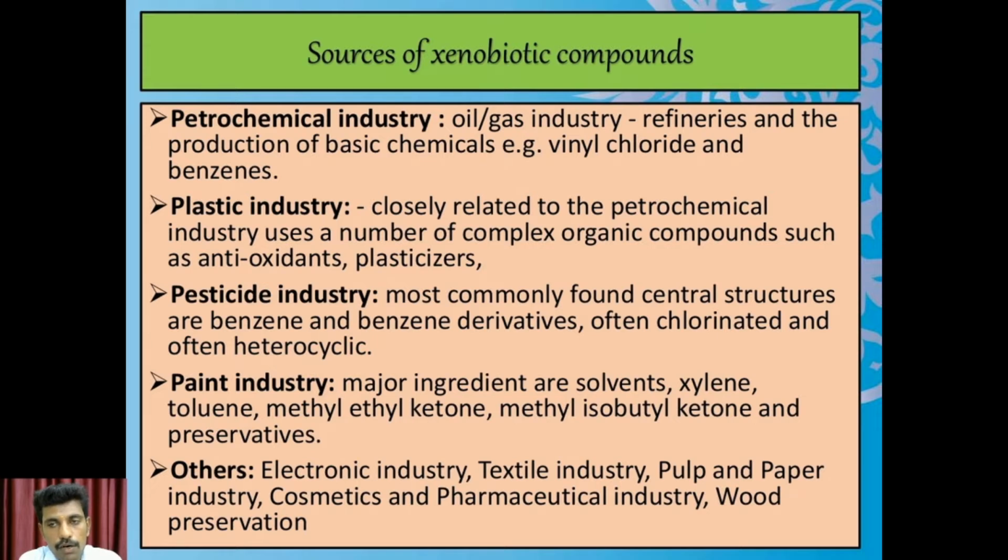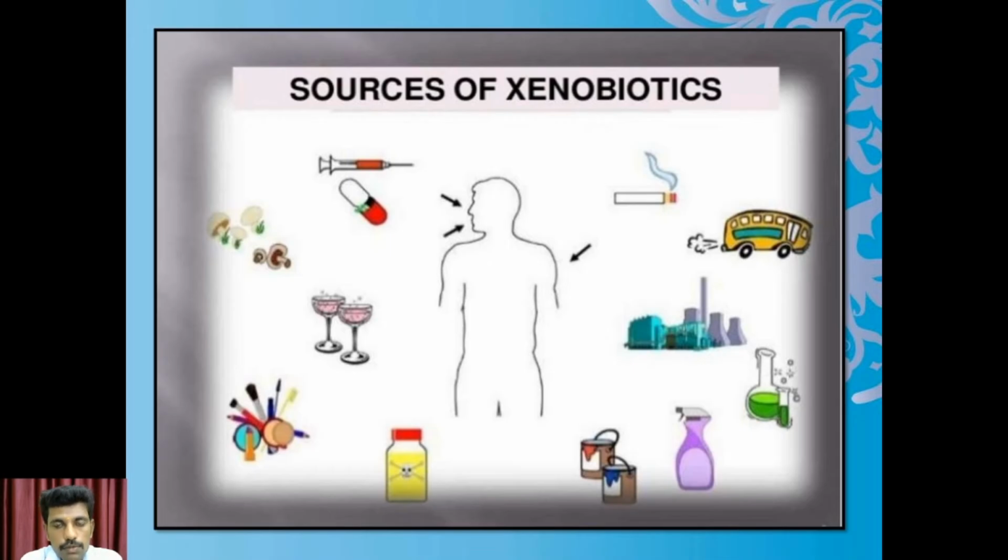Benzenes and their derivatives, often chlorinated and often heterocyclic, are released in the pesticide industry. Solvents such as xylene, toluene, methyl ethyl ketone, methyl isobutyl ketone, and preservatives are the major ingredients in the preparation of paint in the paint industry. Xenobiotic compounds are also released from the textile industry, bulb industry, that is the electronic industry, cosmetic, paper and pharma industry, and also wood preservation. This figure represents the sources of xenobiotics in the environment.